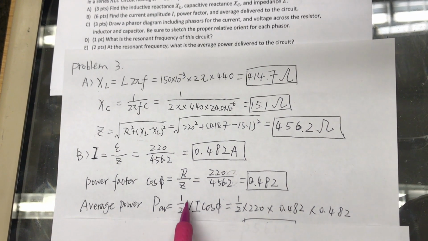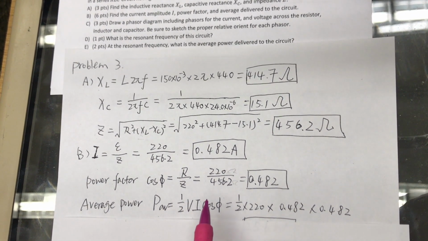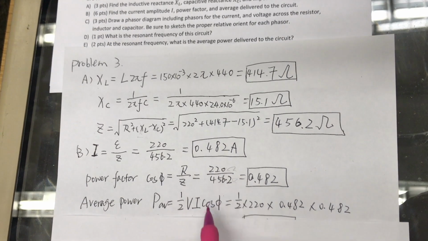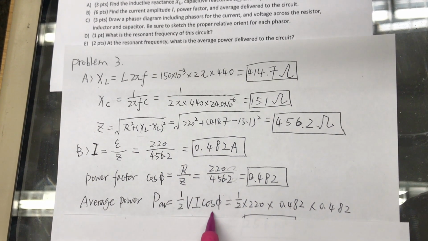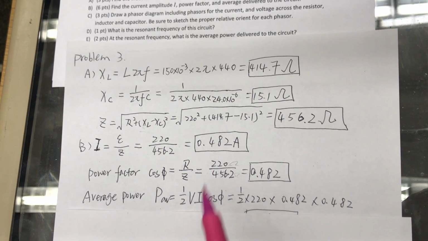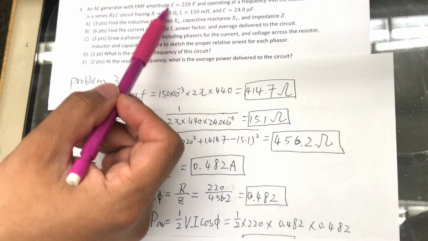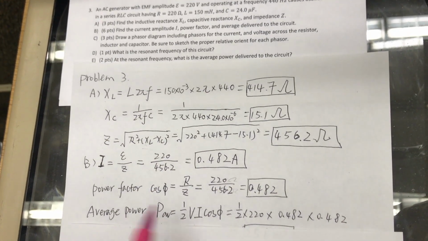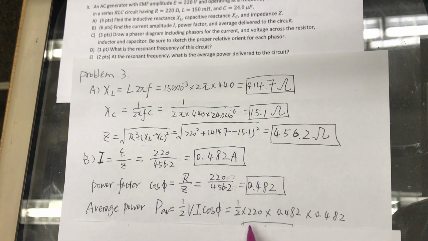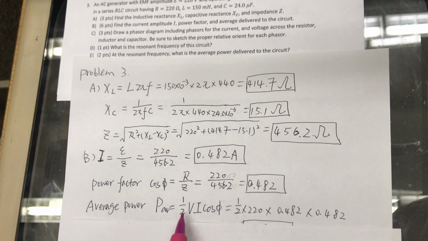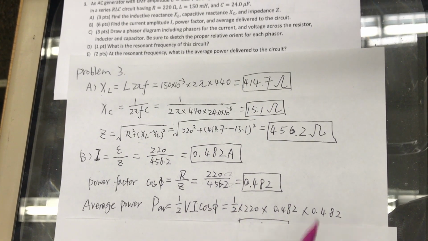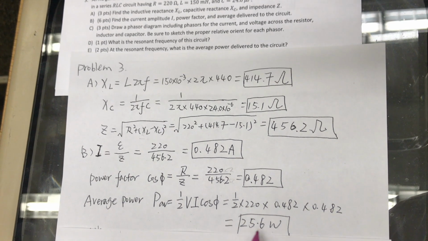Power equals 1/2 voltage times the current times the cosine of the angle between the two phasors, which I will explain in part C. Plug and chug. 1/2, voltage is given, epsilon, 220 volts, times the current, which we calculated in the first part of B, 0.482 amps, times the cosine of phi. That gives us 25.6 watts.